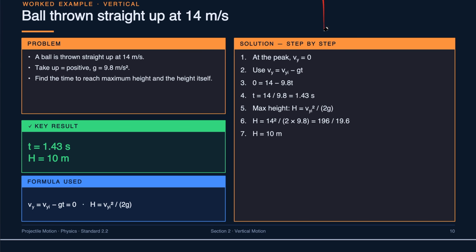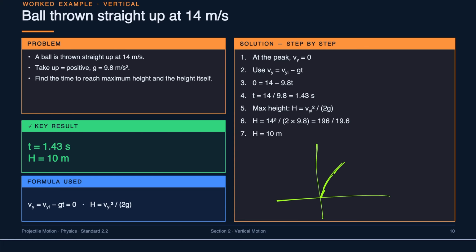A ball is thrown straight up, so with projectile motion it definitely helps to draw the diagram, at 14 meters per second. So actually, let me use a bigger graph here. Might take some space, but let me go here.